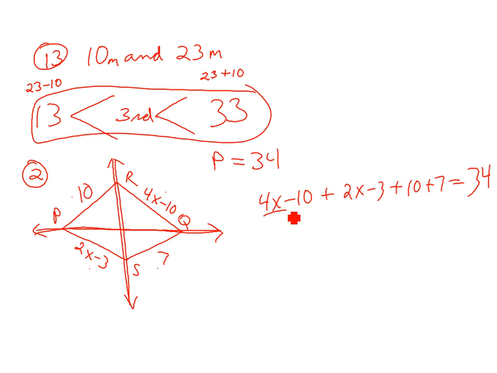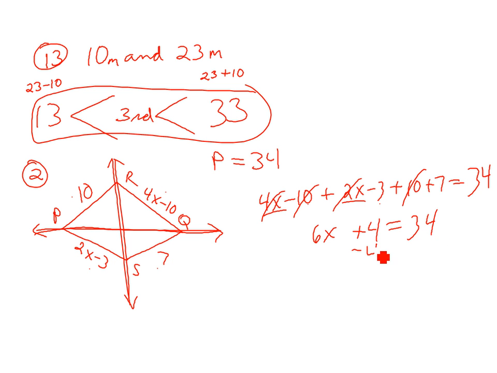Collect like terms. How many x's we got? Don't say 2. 6 x's. Regular numbers. Negative 10 and positive 10, what happens there? Cancel out. Negative 3 and a positive 7 is positive 4. 6x plus 4 equals 34. How do I solve that?